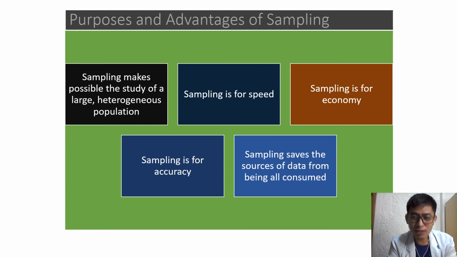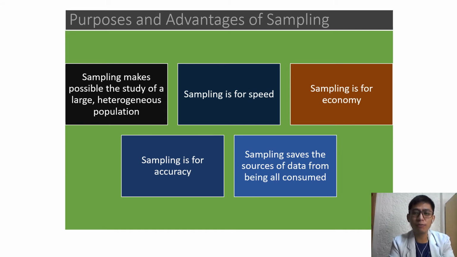Sampling is for accuracy. Though the ideal is the total population of your intended respondents, based on the sample size that can be computed by our statistician, it can be generalizable.